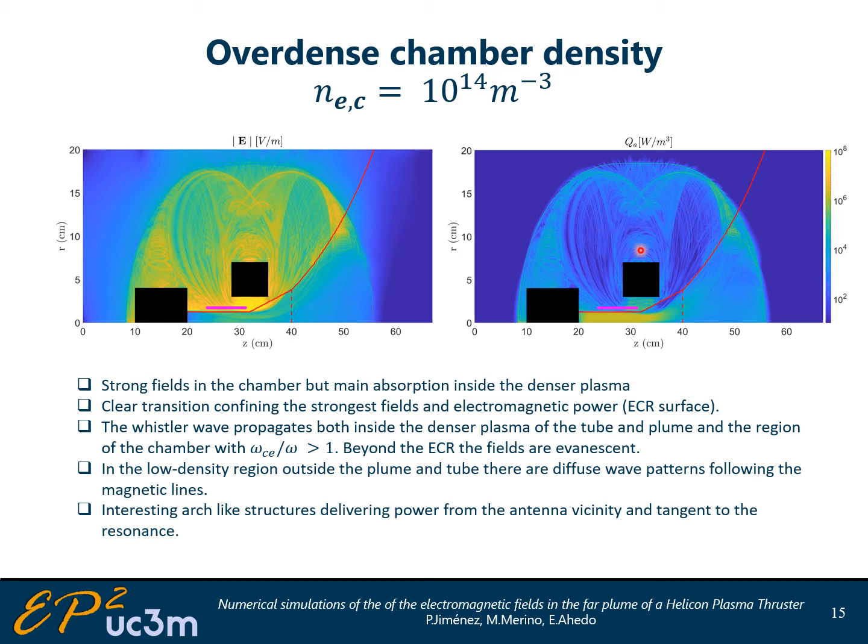So both the diffuse pattern of stationary waves from here and the TG modes, and you can also see some Helicon modes here in the plume, all this propagation corresponds to the Whistler wave, and this is because we have an overdense plasma both in tube and plume and in the vacuum chamber. So we don't have different regimes of propagation. We neither have the underdense to overdense transition in this line.